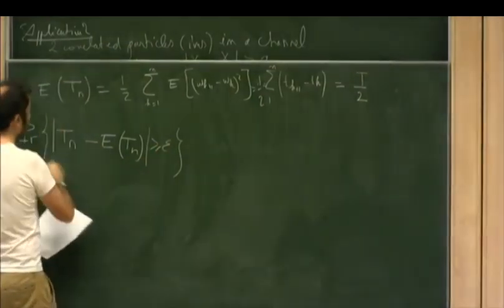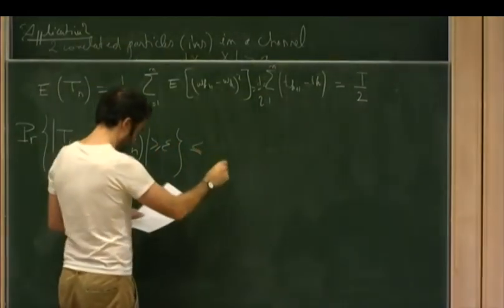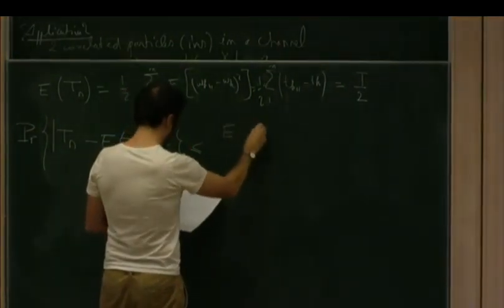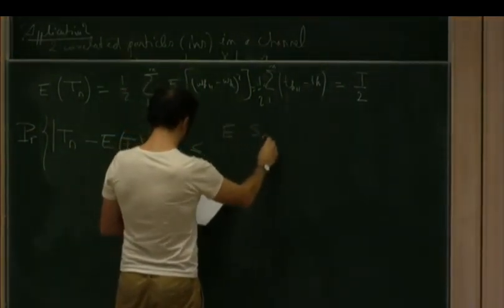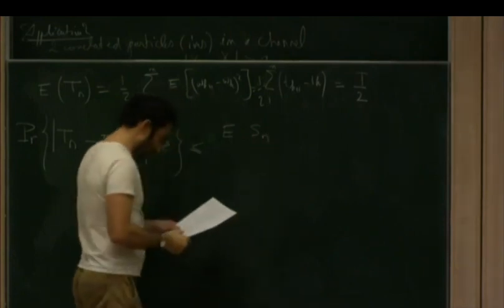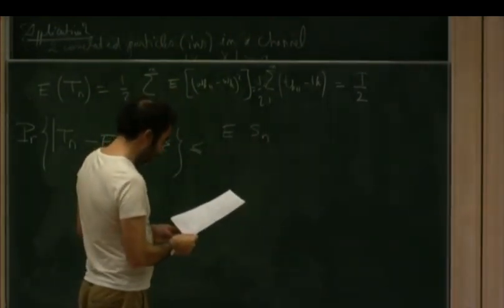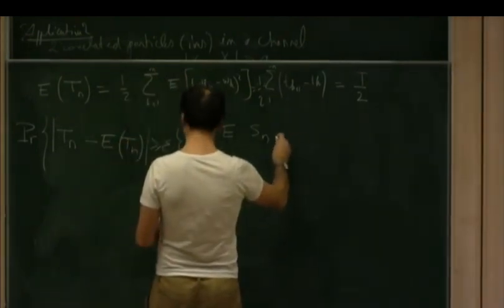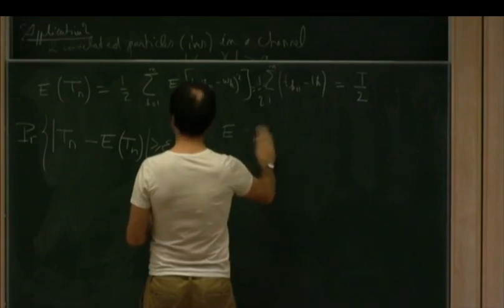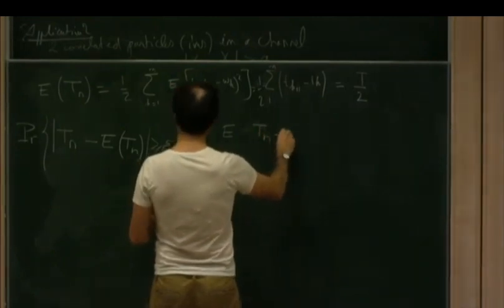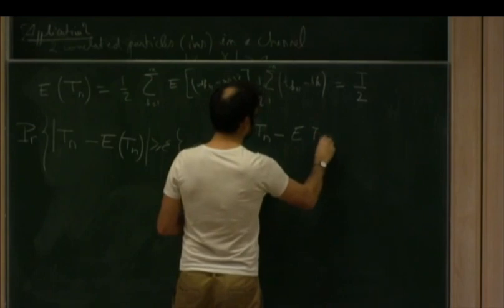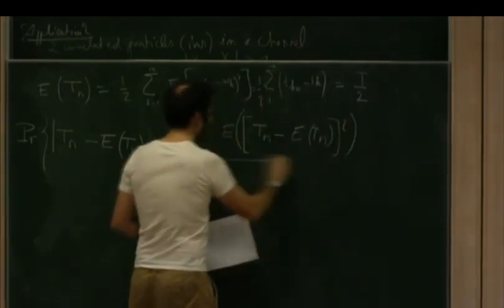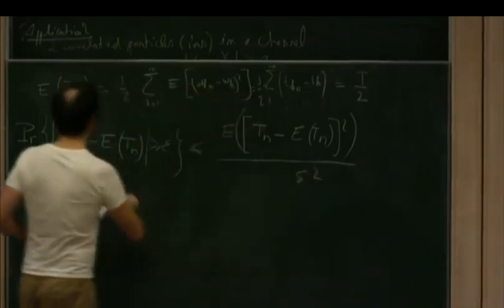This can be estimated by the variance, which is the expectation of Tn squared, divided by epsilon squared. So it goes like this.